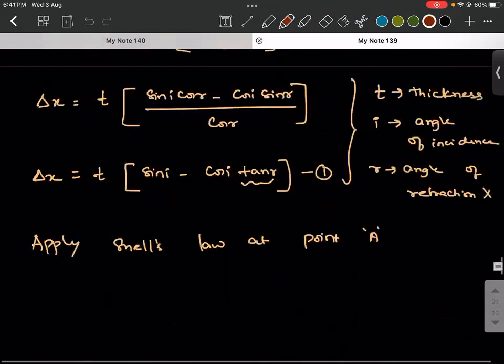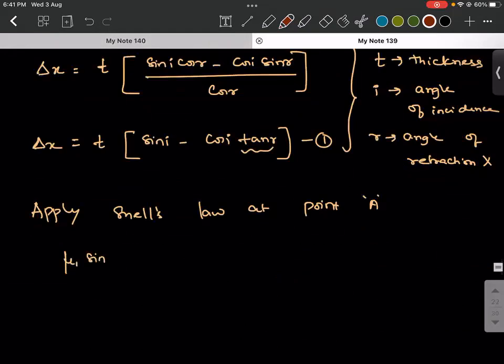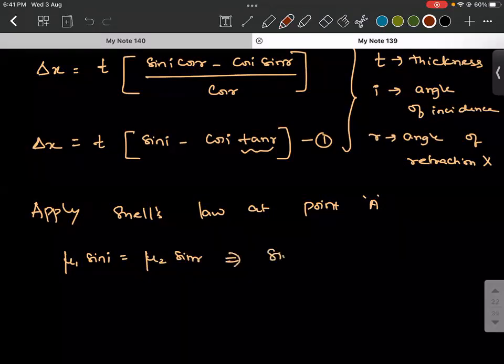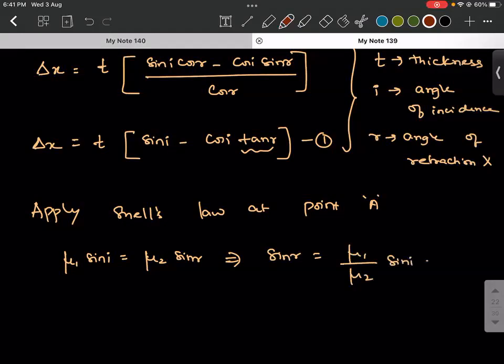So mu1 into sin I will be equal to mu2 into sin R, which implies sin R will be equal to mu1 divided by mu2 times sin I. Let me take this as equation number 2.